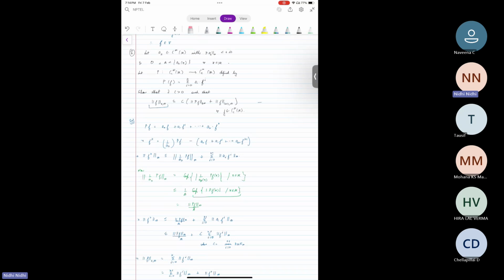We are getting some k minus 1 infinity term as well. We can say that it's sandwiched in between these two terms. Equivalence of norms or something like that.